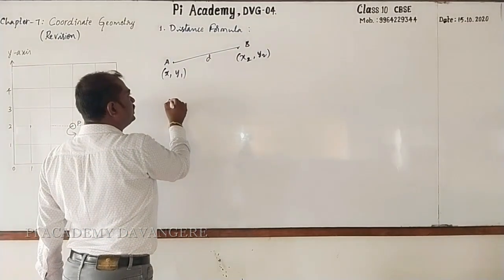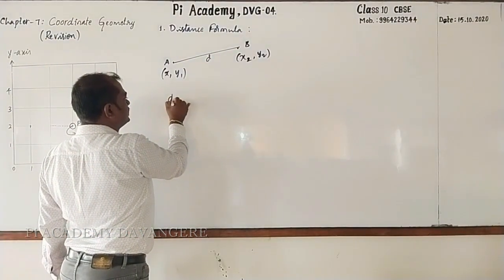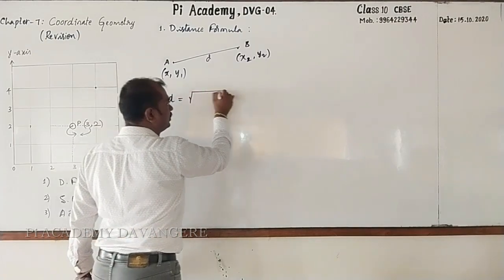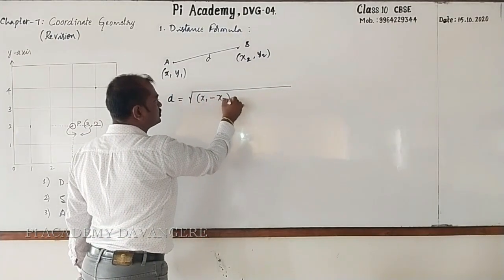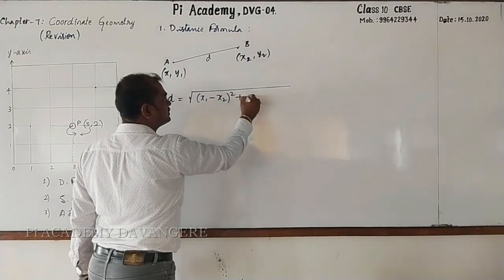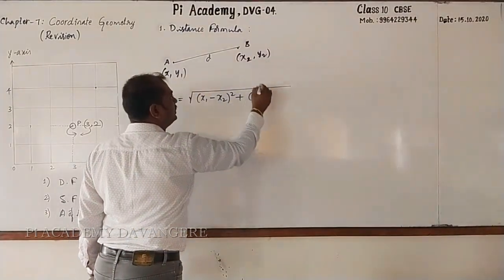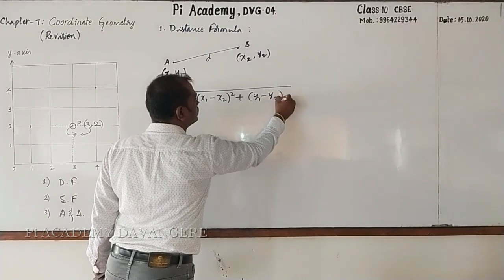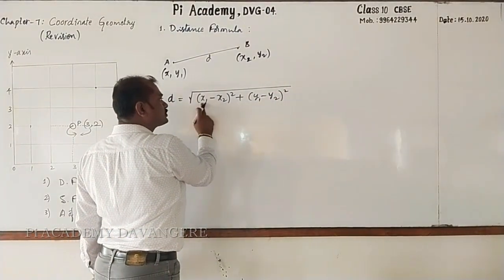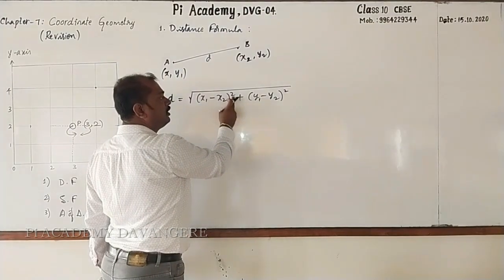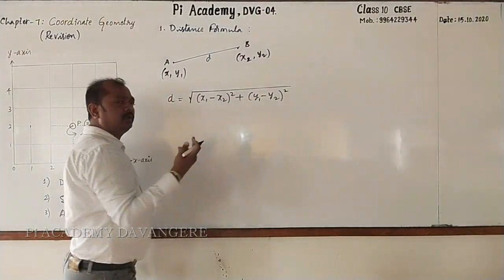For that purpose, we use the formula, that is distance is equal to square root of (x1 minus x2) whole square plus (y1 minus y2) whole square. Even this formula can also be written as (x2 minus x1) whole square plus (y2 minus y1) whole square.